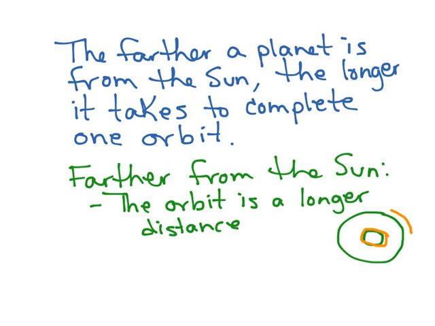If you're farther from the sun, your orbit's bigger, you've got a longer path to follow. So that's one reason why it takes longer. And the other is, the farther from the sun, the slower a planet moves.